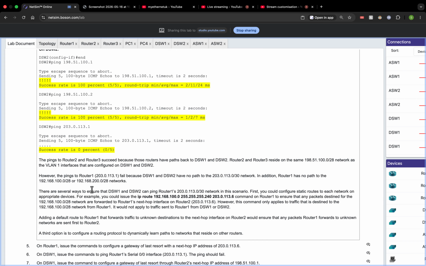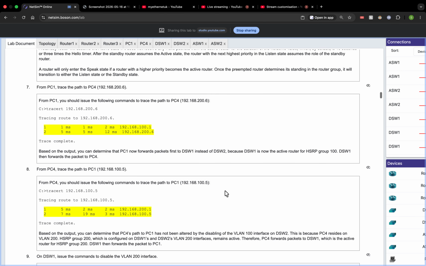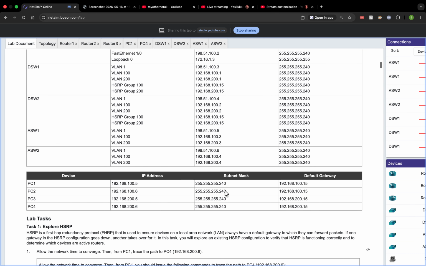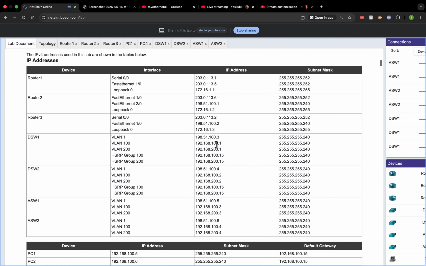So for the distribution switches' interfaces, 198.51.100.3, is there a route for that? There's nothing there. We've got connected local routes, but we've got nothing for 198.51. So DSW1, DSW2, they don't have a path. Router 1 does not have a path to those networks that this exists on.